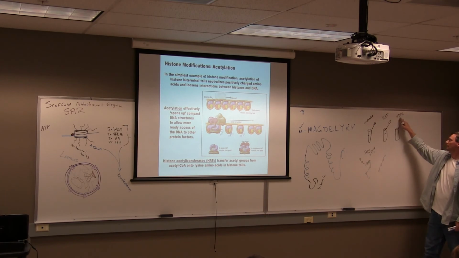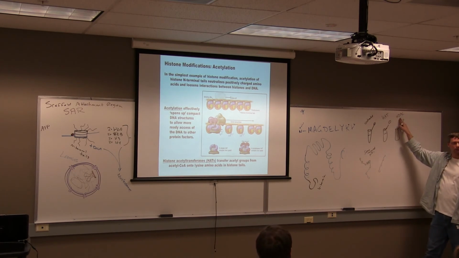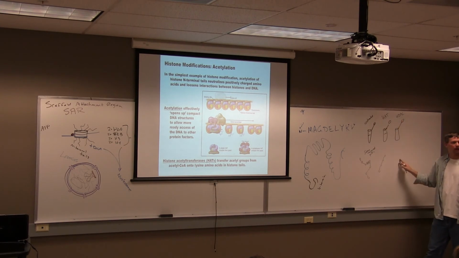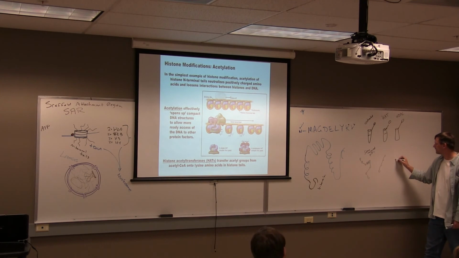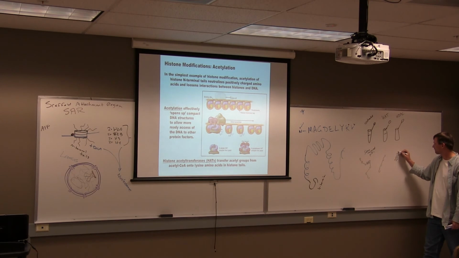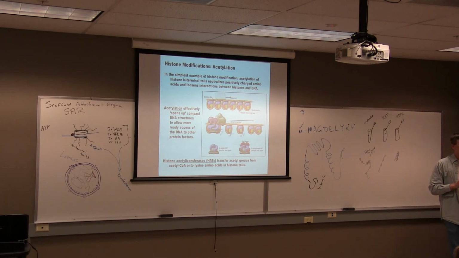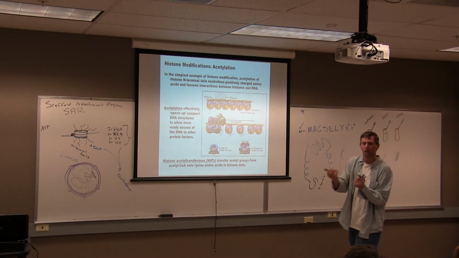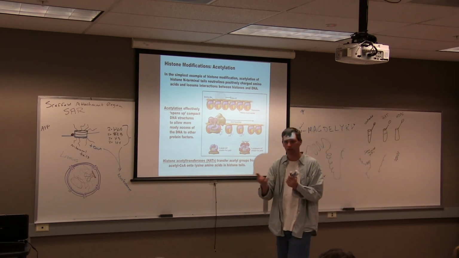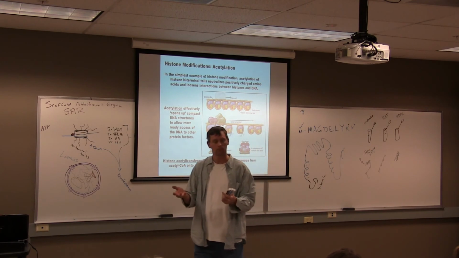If I have the deacetylase, things that take acetyl groups off, what is the readout of my assay? All the DNA should be highly compacted. And the beads on the string will look like this. So my assay is whether the DNA is compacted or not. And I do that by looking in an electron microscope, right?